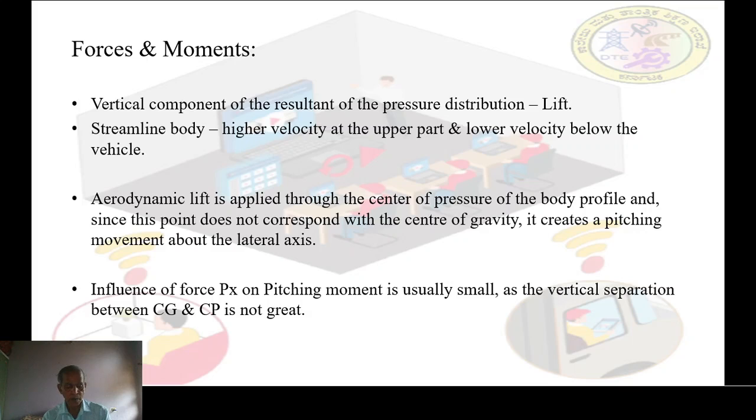Influence of force effects on pitching. Pitching means the front portion goes downward. It is usually small as the vertical separation between CG and CP is not great.